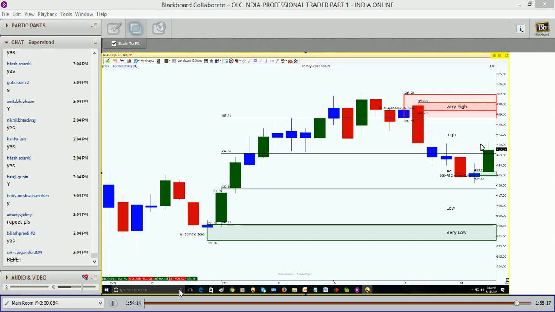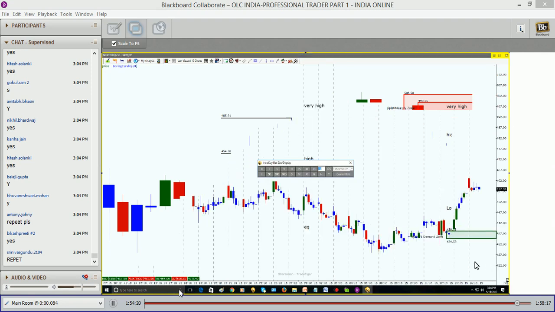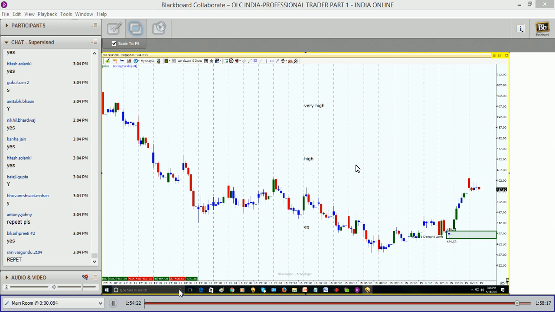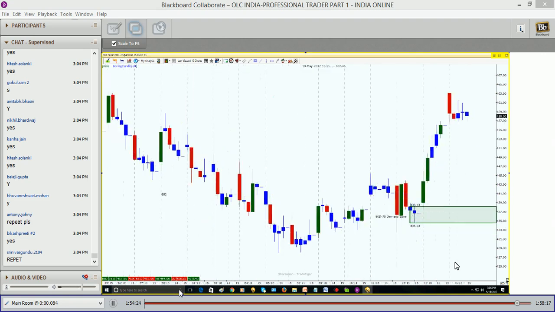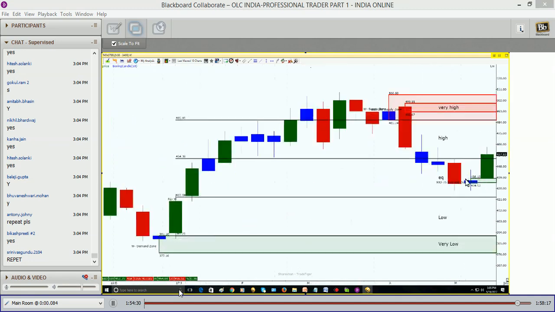Repeat? Sure. This demand zone that I marked on the 75-minute chart, friends, it was a good looking demand zone. See over here. This demand zone over here was a good looking demand zone. But if I go back to the weekly chart, you will see that that small little zone comes over here. That zone that I marked between 434 and 438, it comes over here. Where am I?